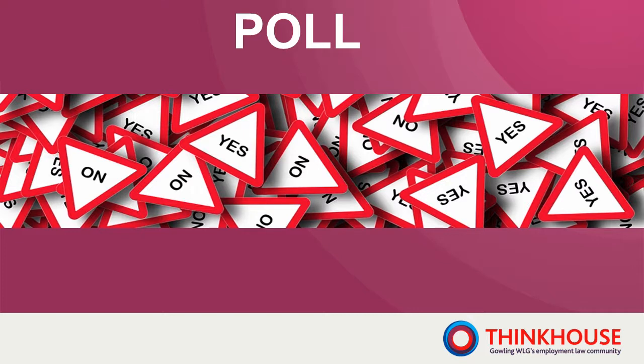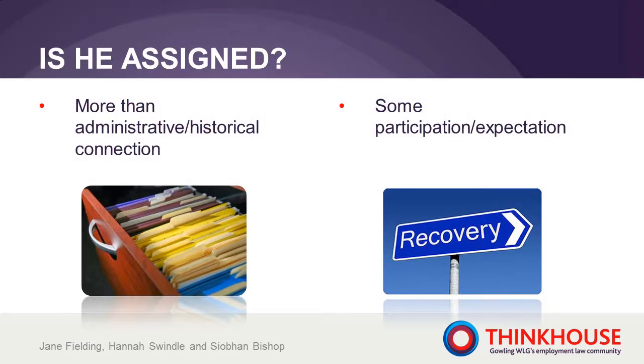There's either got to be some active participation by the individual in the activities in question, or at least some expectation that in the future the individual will be able to participate again in the activities that are transferring. And in this case, the medical evidence that the managers had based their decision on was that there was no expectation he would ever come back. He was effectively permanently on PHI.